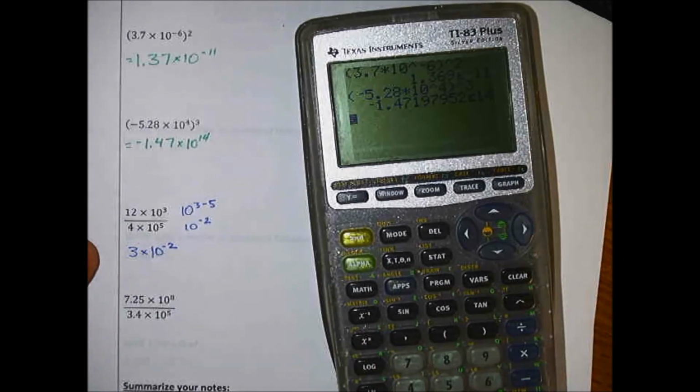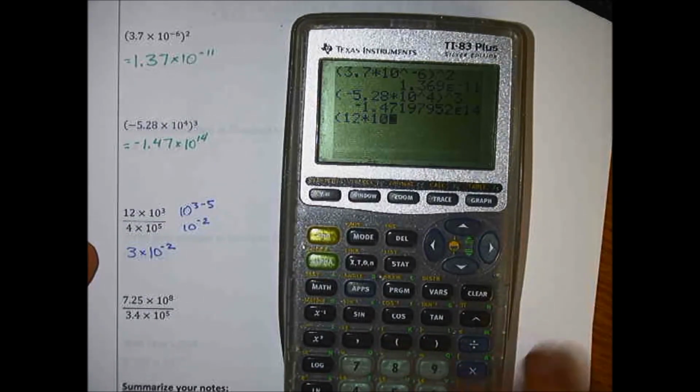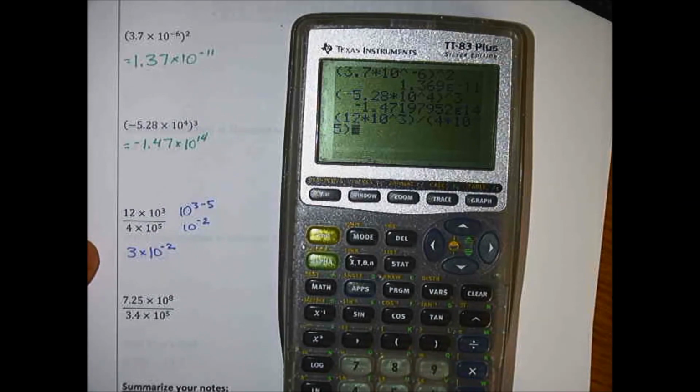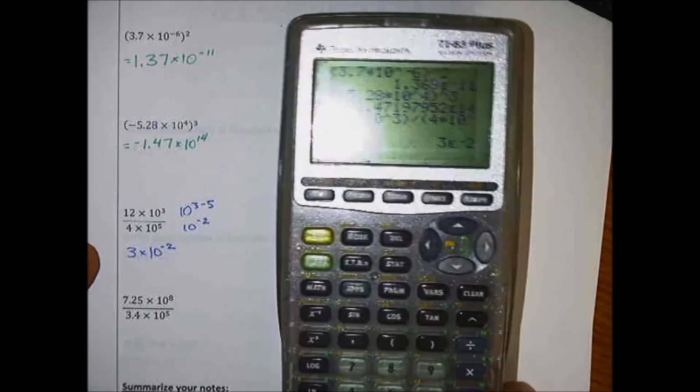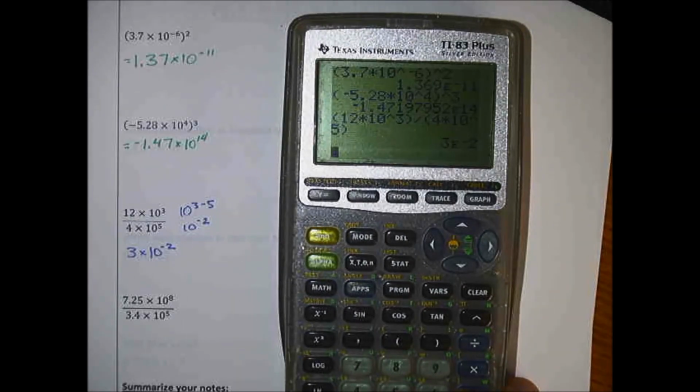That problem is probably easier to do without using a calculator, but let's just make sure it works. Okay, I'm just setting up my problem. Hit enter. 3e to the negative 2. And so it worked.